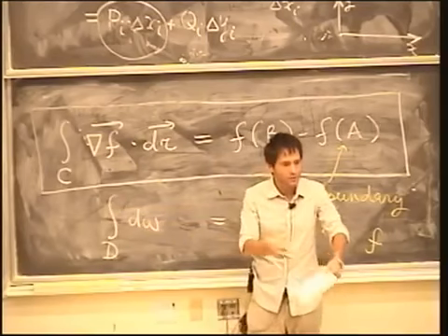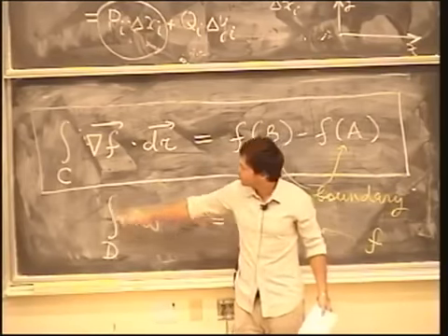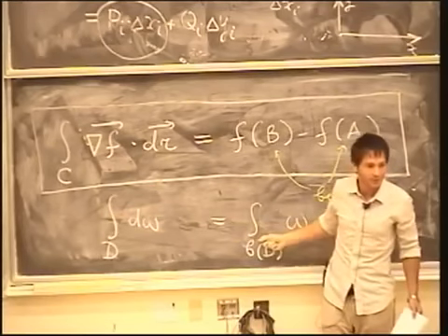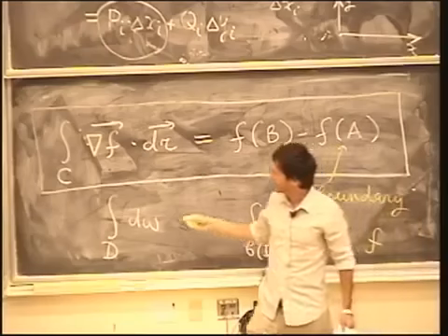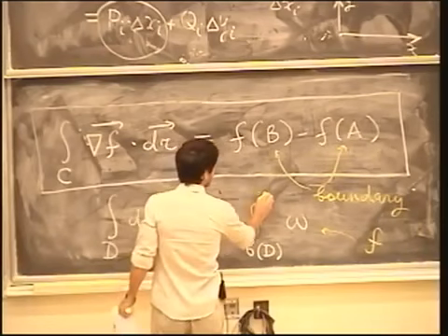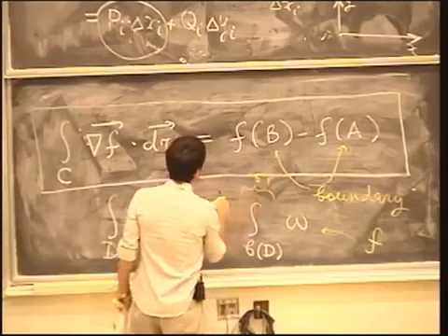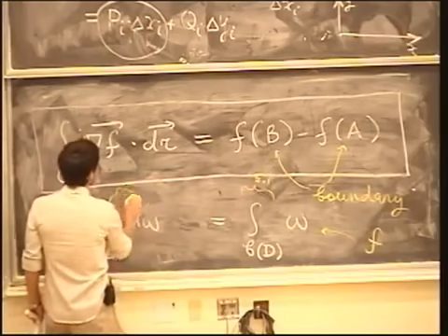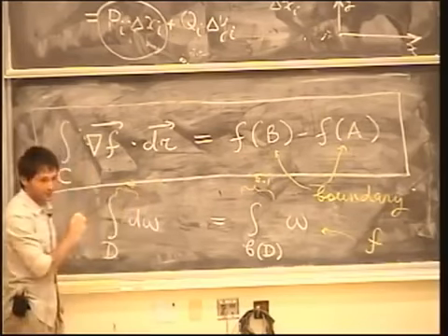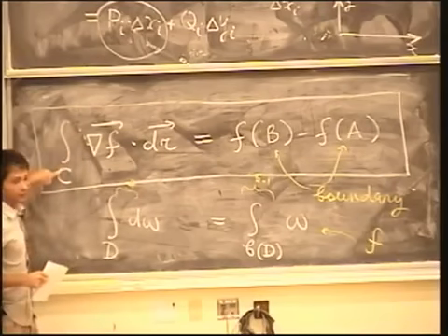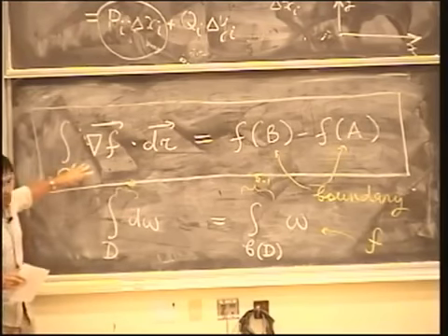To be consistent with the old notation, the number of integration signs on the left would have to be greater by 1 than the number on the right. So maybe this minus 1 or something. But in this particular case, we do have a single integral on the left, because it's an integral over the curve.